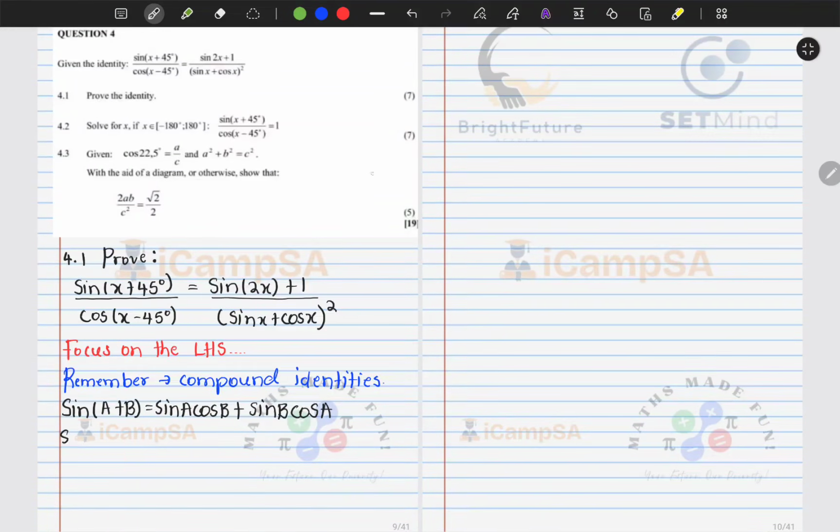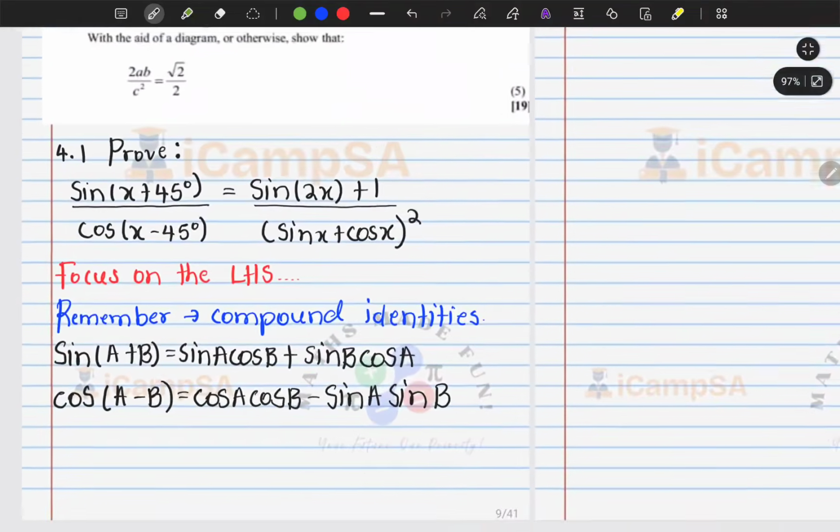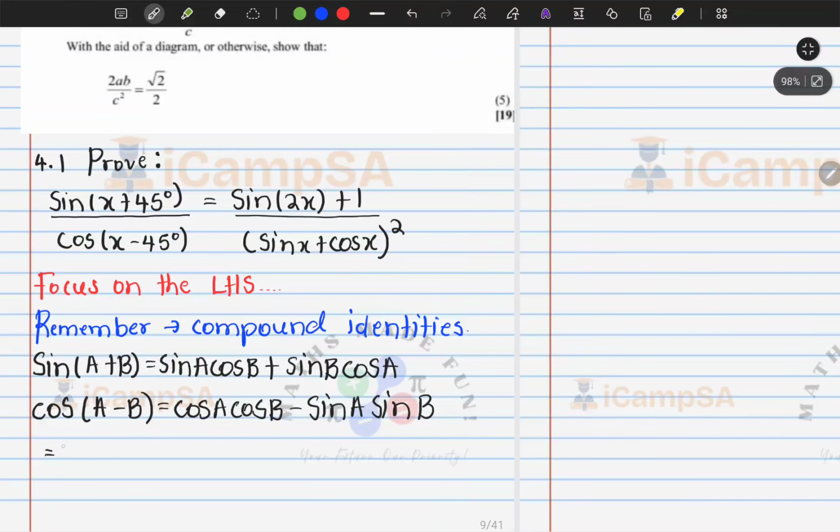Then for cos, if you have cos of a minus b, what you will have is cos of a cos of b, then minus sine of a times sine of b. Okay, so what does this mean for our problem?